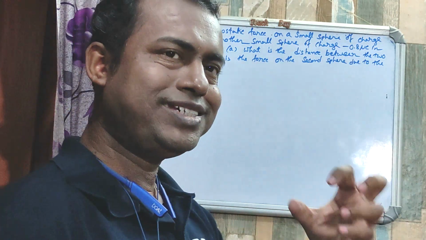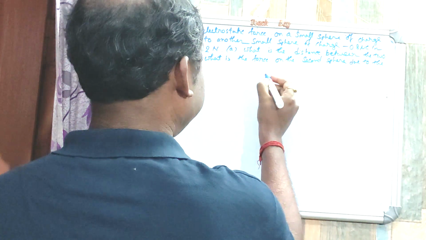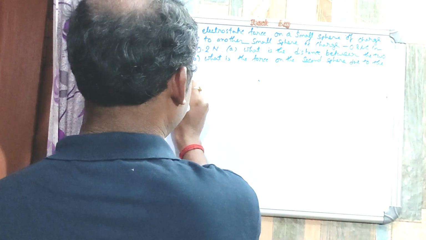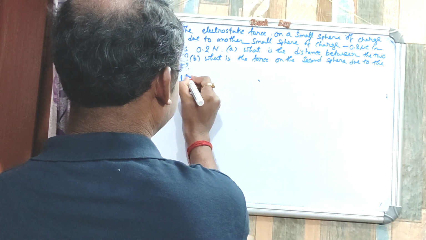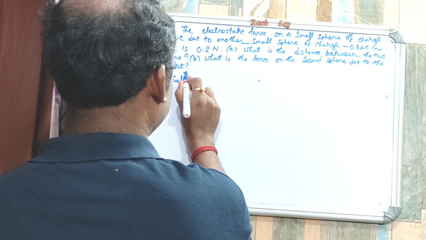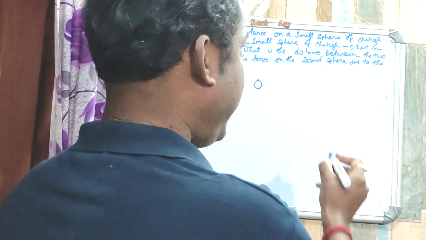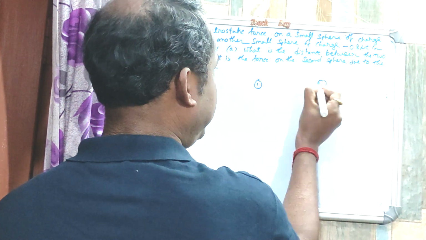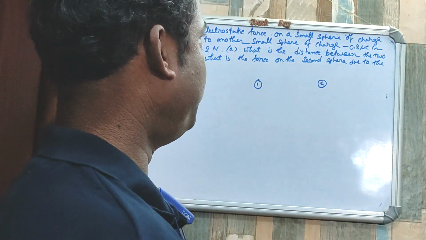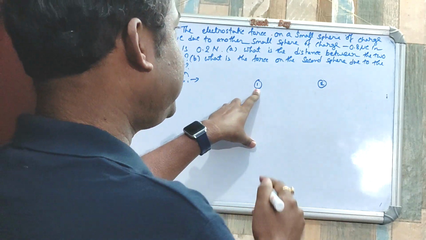So first, we consider the two small spheres. This is the solution. This one is the first sphere and this one is the second sphere. What is the charge on the first sphere?